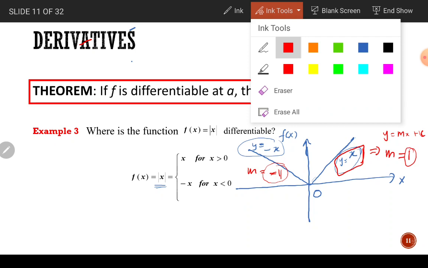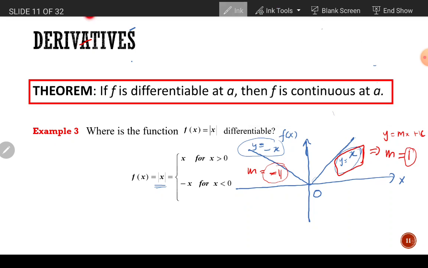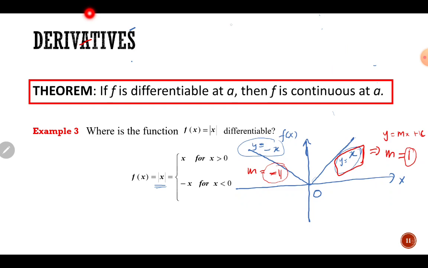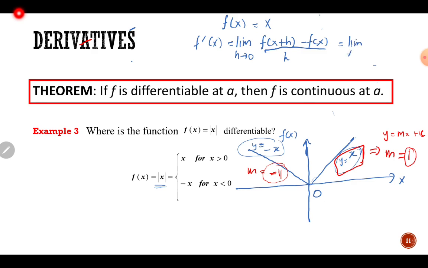Okay, this theorem. If you don't believe it, we have the function f(x) equals x. To find its derivative f'(x), like what we have done before, the limit as h approaches 0 of f(x plus h) minus f(x) over h. So we replace x plus h, and subtract f(x), which is x, over h.